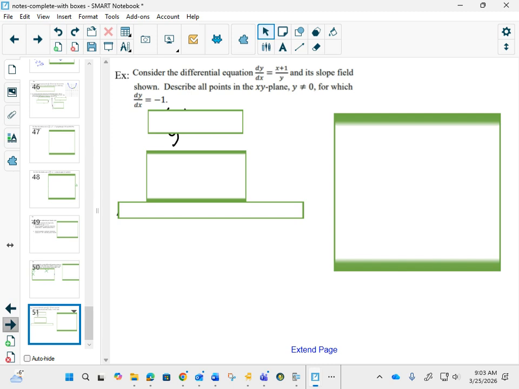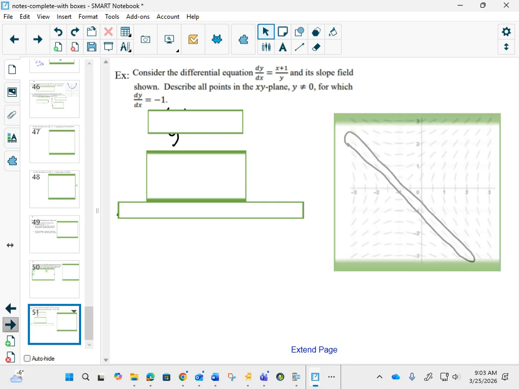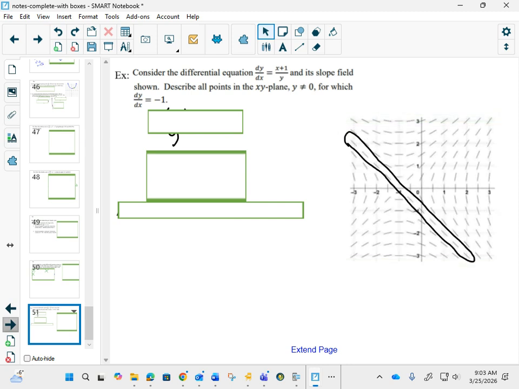Consider this differential equation. Hey, you could actually solve this one with separation, and its slope field is shown. Describe all the points in the plane where the derivative is -1. So here are all the points. I circled them here where the derivative is -1.